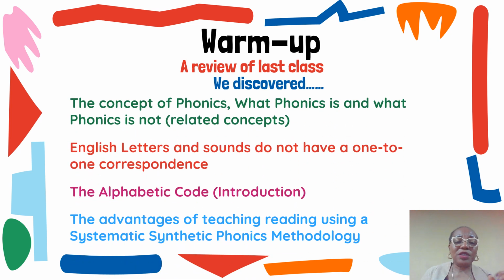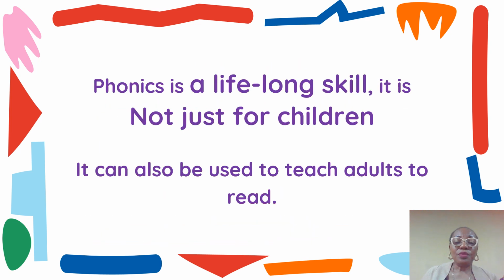Other things that we discovered in the class include the concept of phonics, the fact that English letters and sounds do not have a one-to-one correspondence. We also looked at some kind of introduction to the English alphabetic code. I stressed in the last video that phonics is a lifelong skill. It is not just for children. It can be used to teach both adults and children to read.